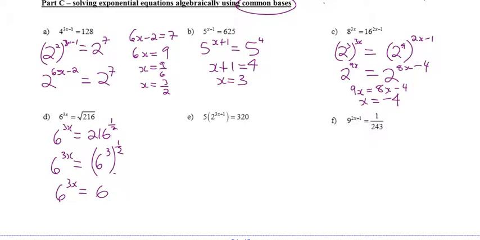So what's 3 times a half? 3 halves. It's like doing 3 over 1 times 1 over 2. You end up with 3 over 2. Okay. So we know that 3x equals 3 halves.